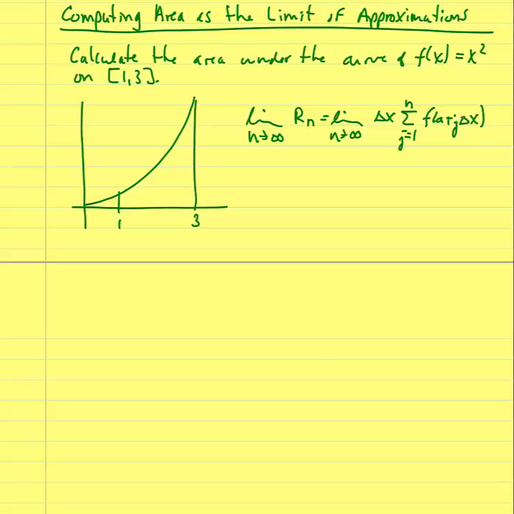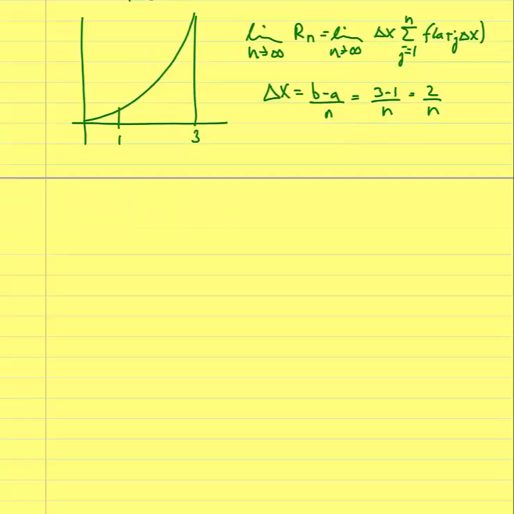We know our delta x in this case is going to be equal to, I'll write the general formula, b minus a over n. So that would be 3 minus 1 over n, which is 2 over n. Because I don't know how many rectangles I have. I have an infinite number. So as I start writing out this formula, my area is going to be looking at the limit as n approaches infinity.